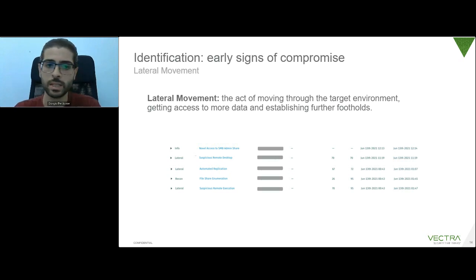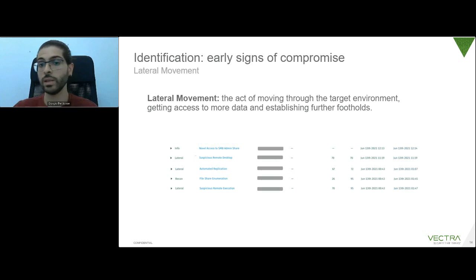Lateral movement is the act of moving through your environment, and especially moving from one host to the other to spread in your environment and establish more and more footholds, so that for any reason, maybe if you start your response process, the attackers can still maintain some level of access in your environment. And I put again an example from a real world scenario where a compromised host was running lateral movement behaviors.